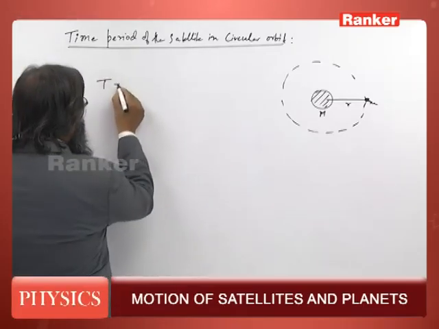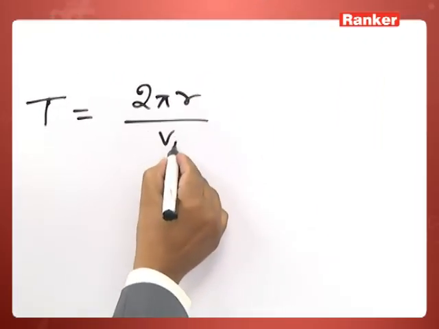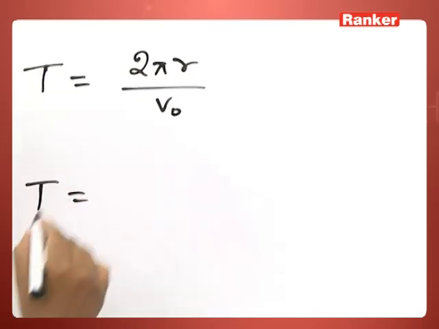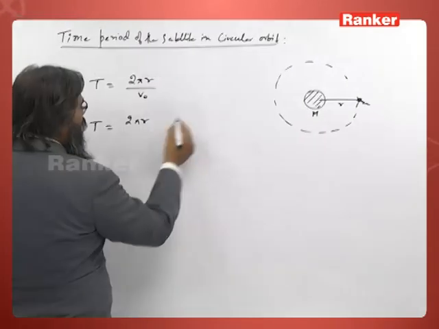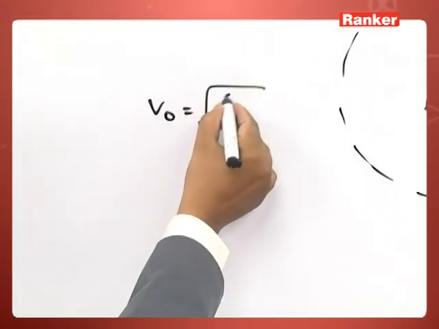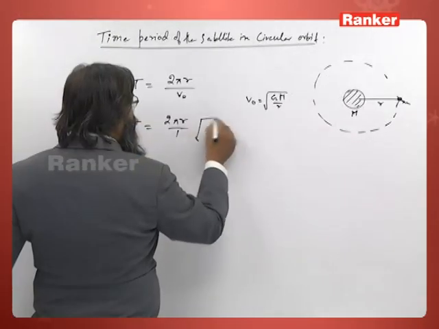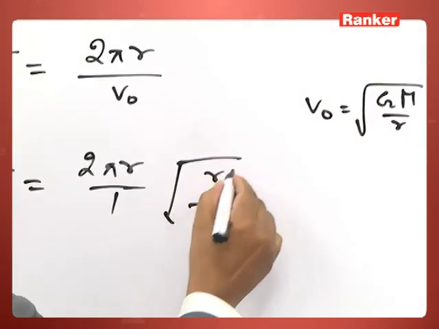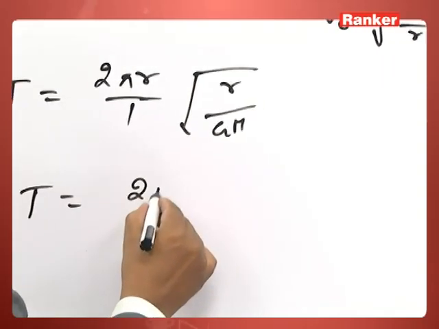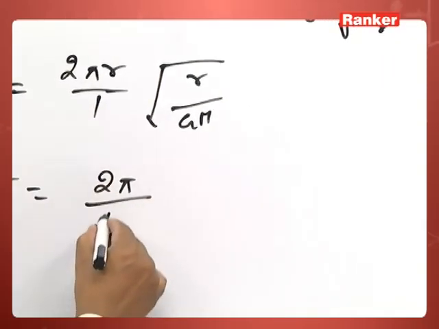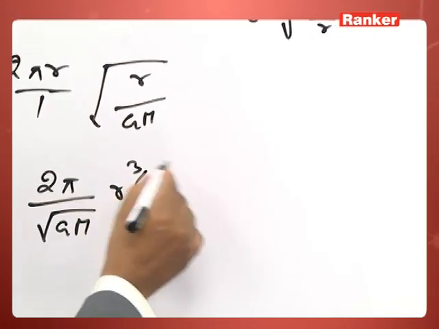Now, let us see the time period of the satellite. The time period T is given as 2 pi r by orbital velocity, which is root over G M by r. So, T is equal to 2 pi by root over G M, times r to the power 3 by 2.